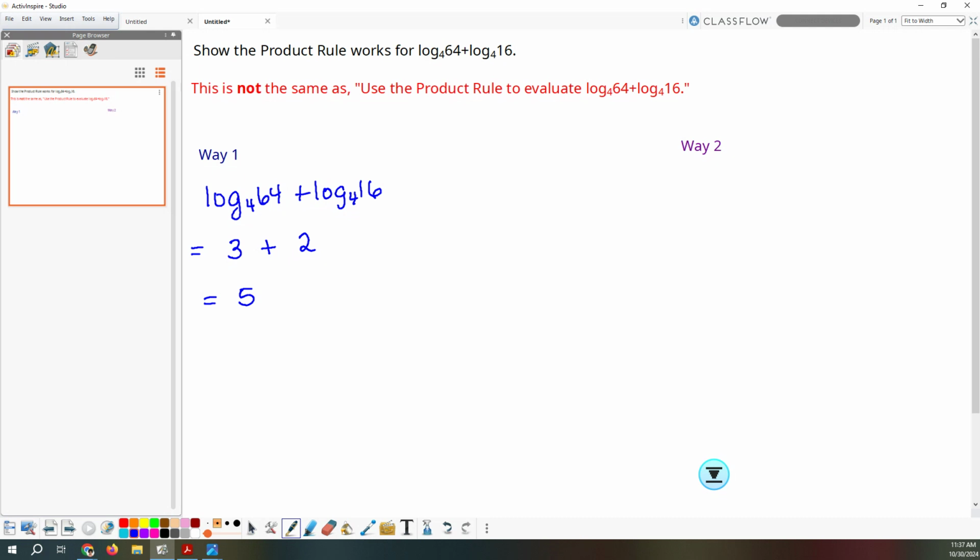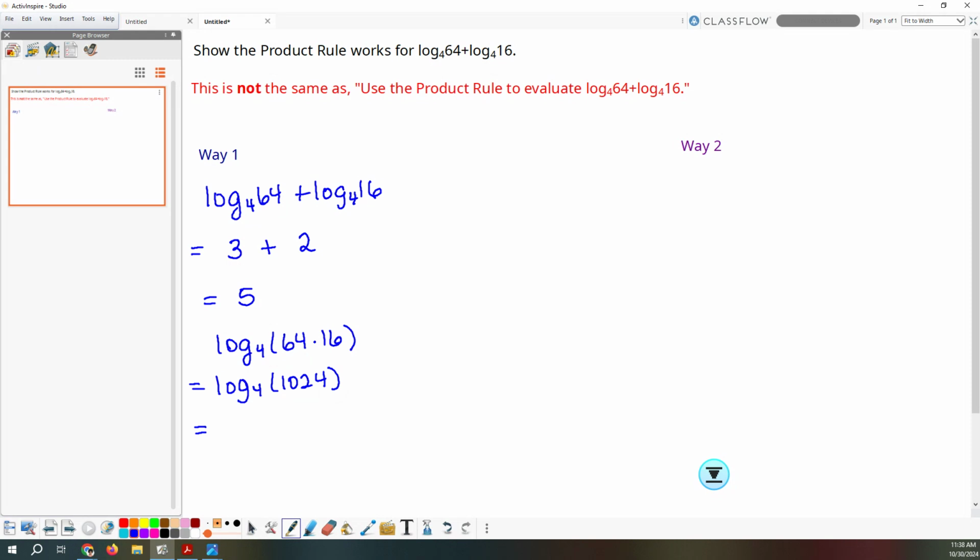Now let's use the product rule. So the product rule says that we have the log base 4 of 64 times 16. That would be equal to the log base 4 of 1024. And then 4 to the fifth power equals 1024.